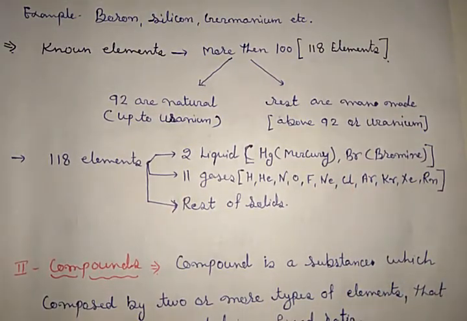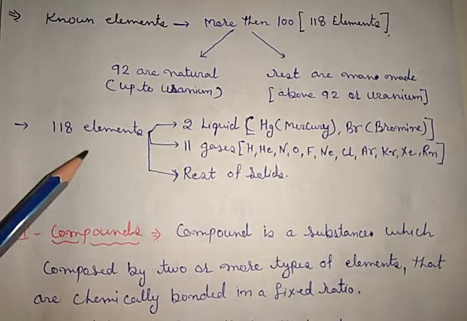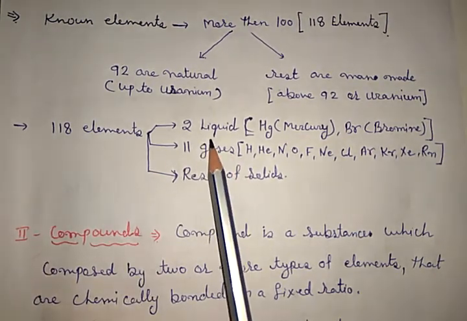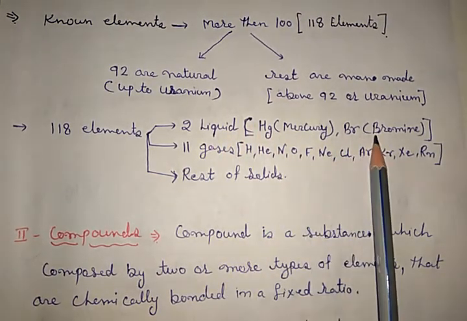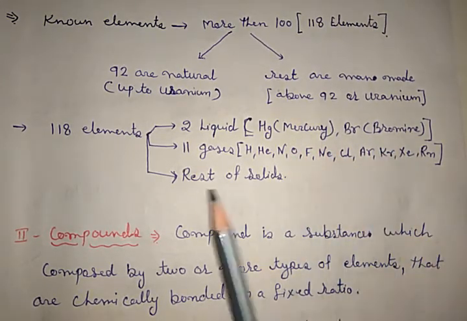Okay. If we consider the physical states of elements, then there are 118 elements, out of which 2 are liquid: one is mercury and second is bromine.